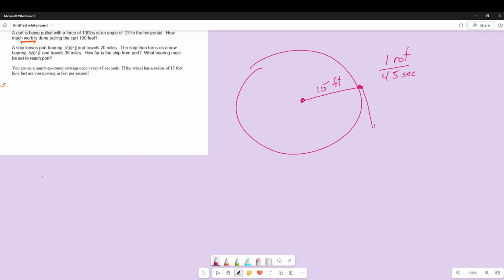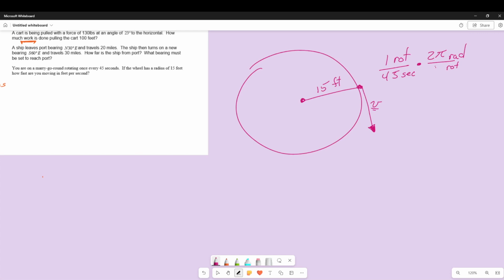So this is one of those linear velocity questions. How fast are we going on the edge of this thing? Well, just like the other one, we have rotations per time. So it would really be nice for us to turn this into radians per second, because radians per second has a much nicer relationship to velocity.